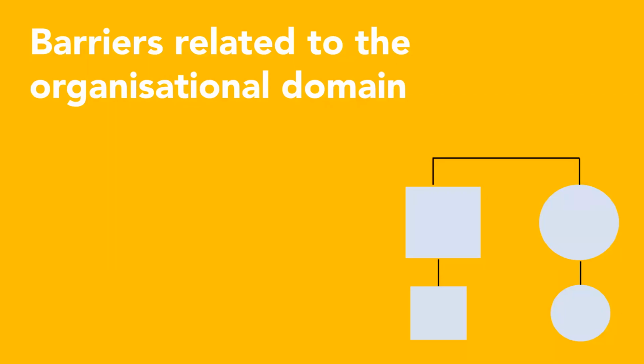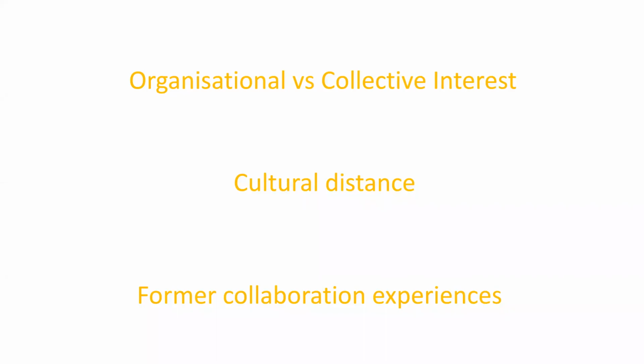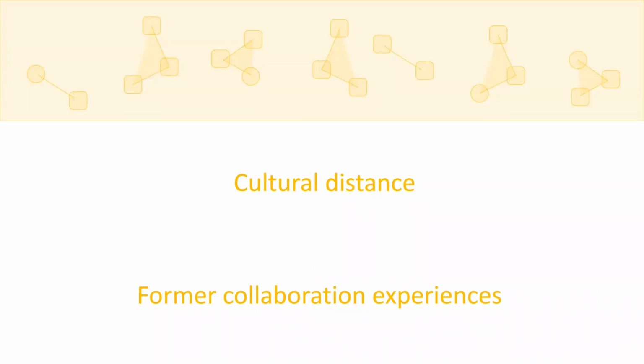Now we will look at the barriers related to the organizational domain. Organizational versus collective interests. Typically, organizations calculate and pursue their own interests versus the collective interest. If these interests are conflicting, barriers impeding the interorganizational collaboration emerge and conflicting agendas arise.